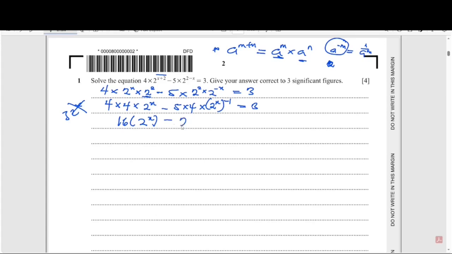And then we continue, we have 20 times 1 over 2^x, which is an exponent, equals 3. So we have here 16 times 2^x minus 20 over 2^x is equal to 3.